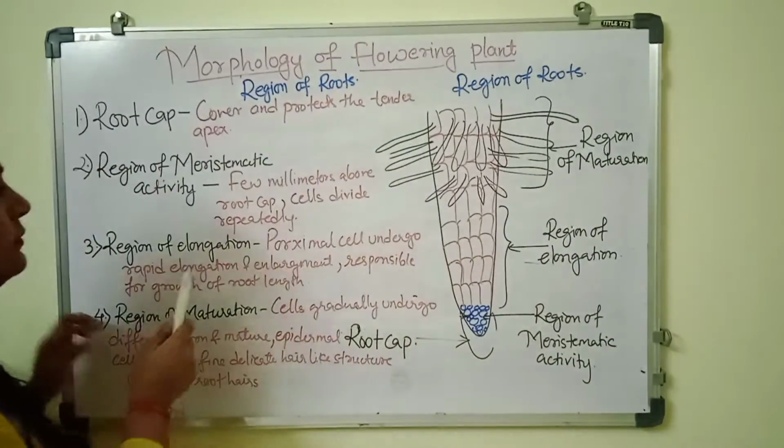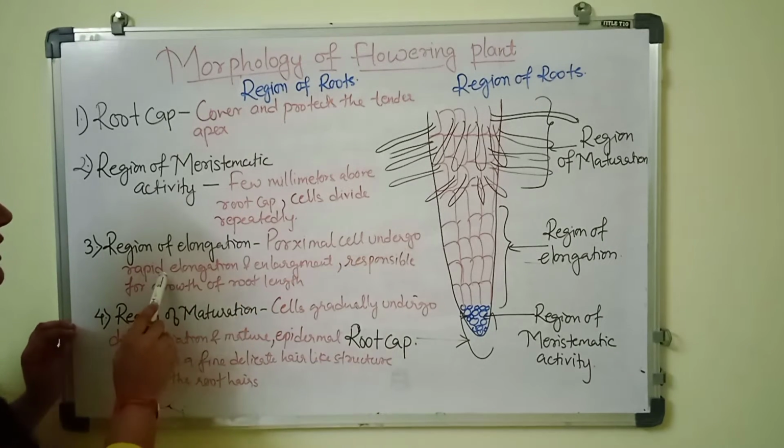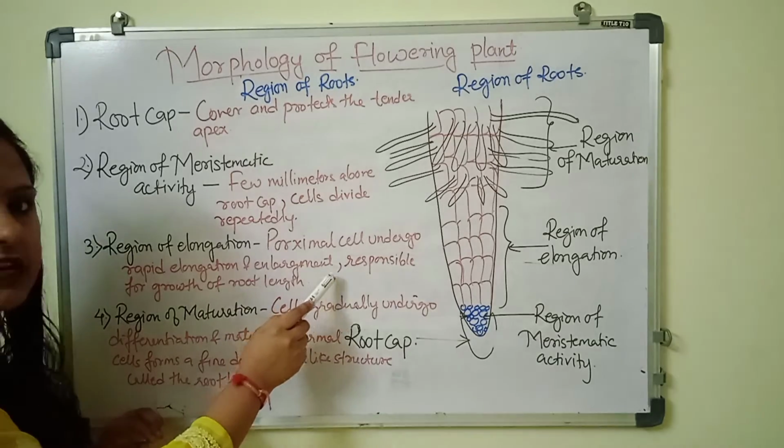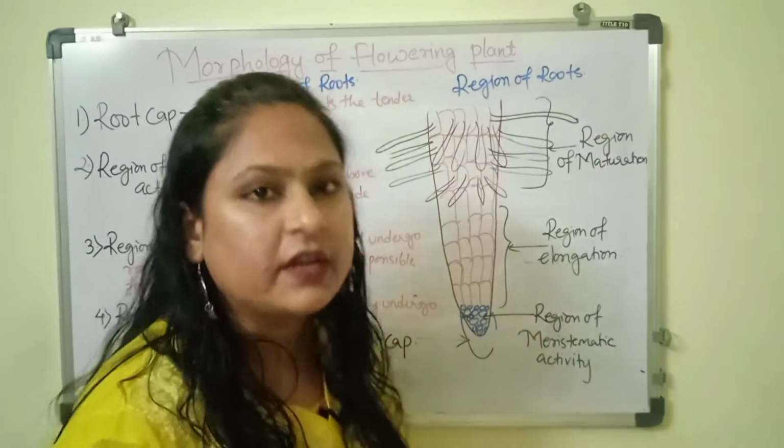This region of elongation undergoes rapid elongation and enlargement, and this is responsible for the growth of root length.